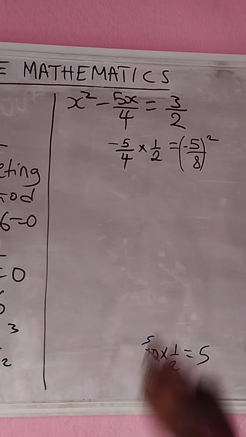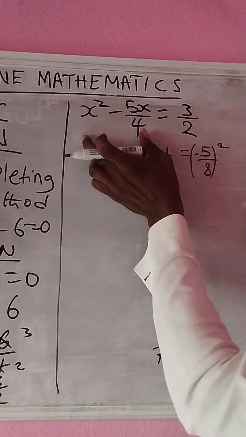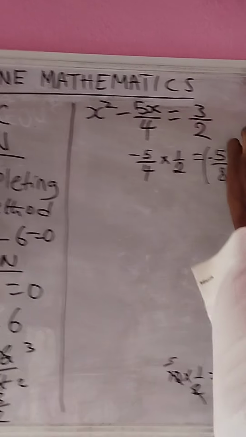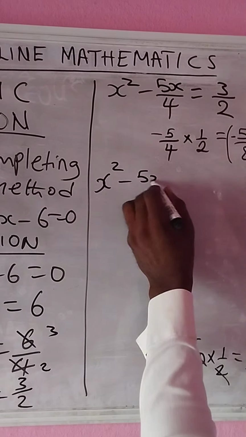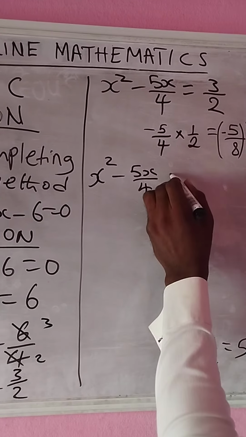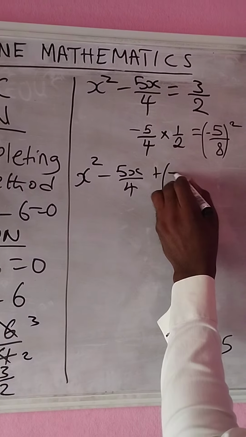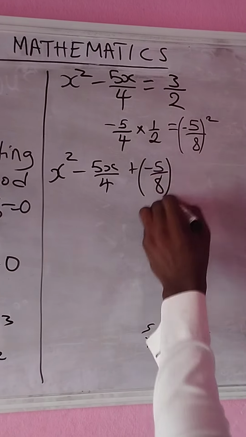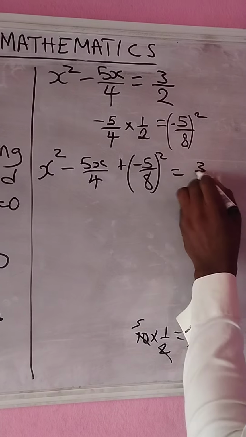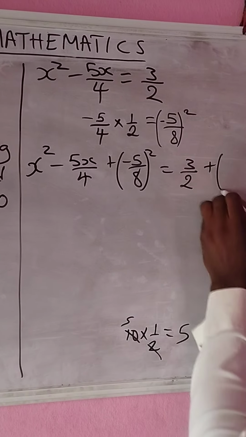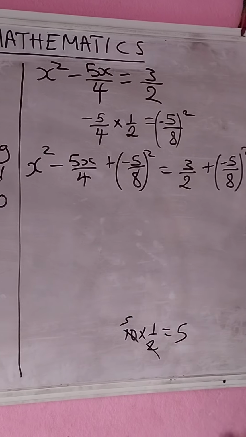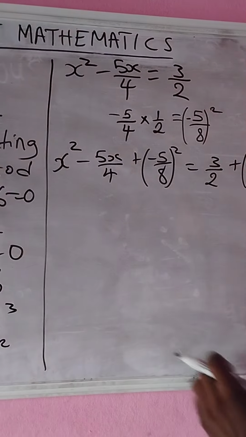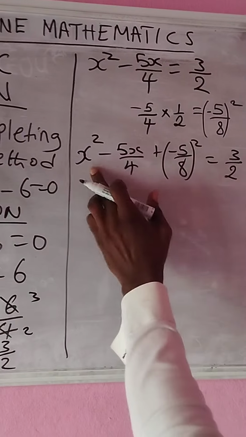Square it. Take this number, add it to the left-hand side and the right-hand side of this equation. You are going to have x squared minus 5x over 4 plus (-5 over 8) all squared equal to 3 over 2 plus (-5 over 8) all squared. So if we have this is square, this is square.